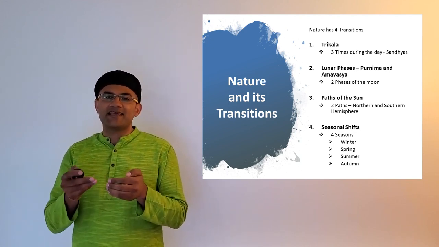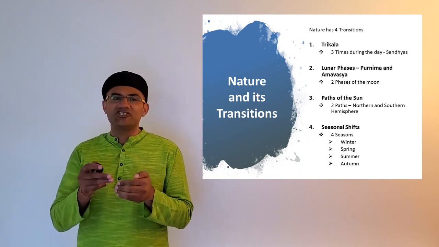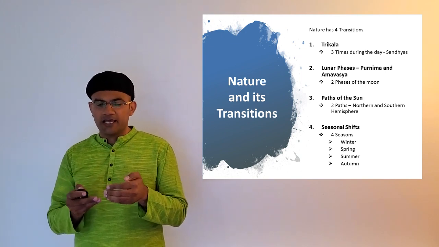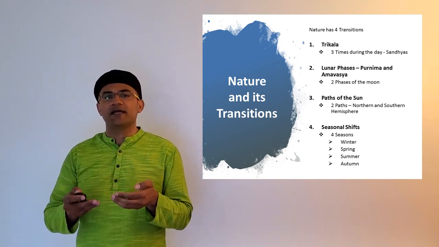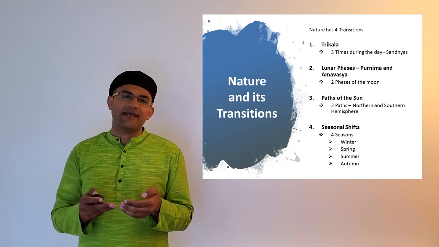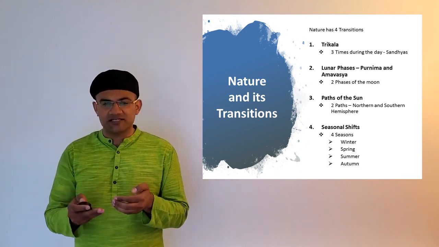So that's the second nature of the transition. The third one is when the sun is changing its path. There are 2 paths it follows, one for the northern hemisphere and the second for the southern hemisphere. We call it Uttarayan and Dakshinayan. And the last one is the seasonal shift happening.